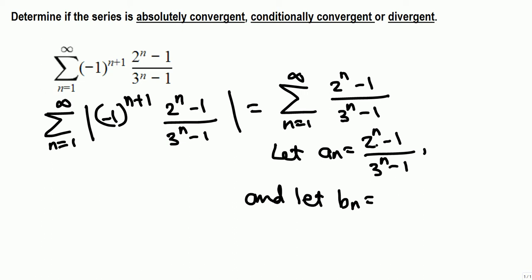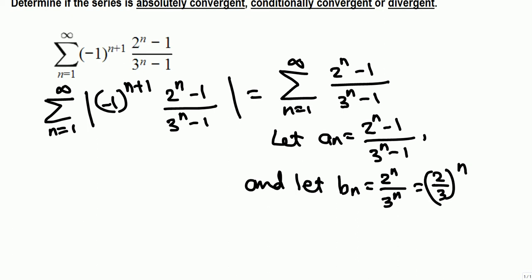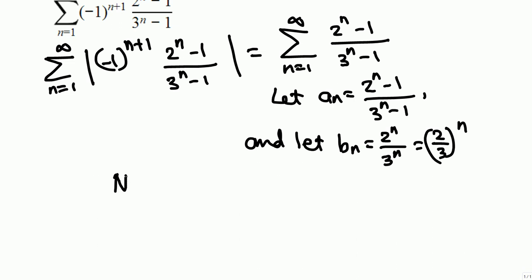Just consider the leading terms, so 2^n over 3^n, which is the same as (2/3)^n. The series b_n, the series (2/3)^n, will be a geometric series with ratio 2/3 less than 1, so the geometric series converges. Now we want to compare a_n and b_n, so we use the limit comparison test.